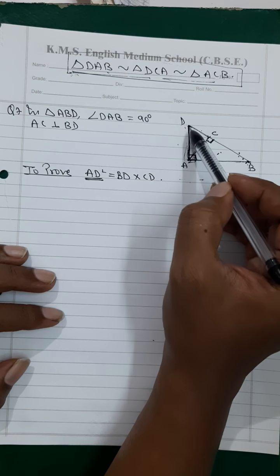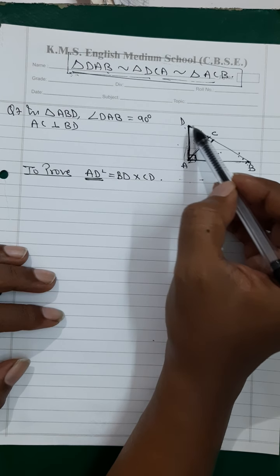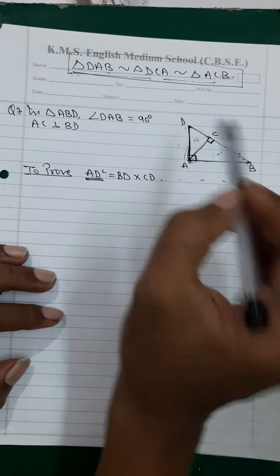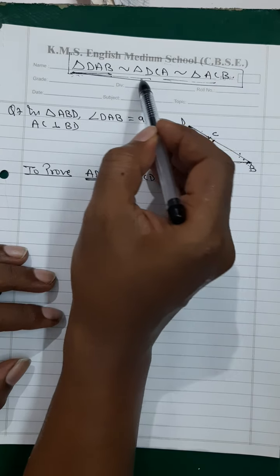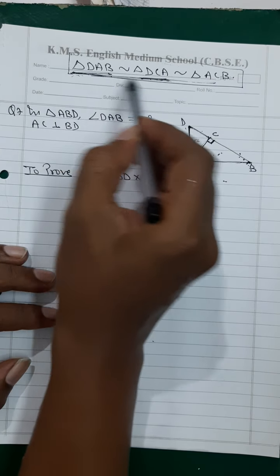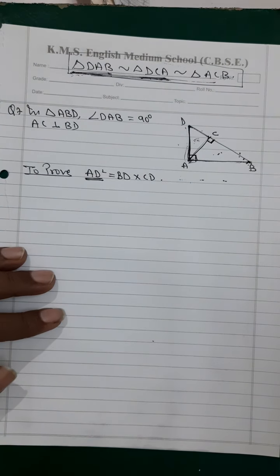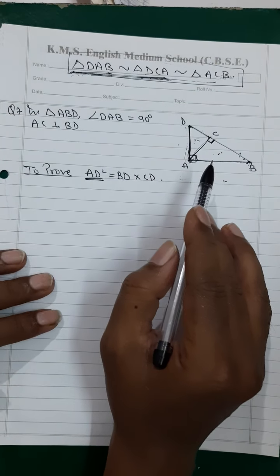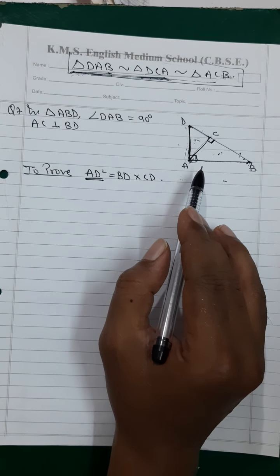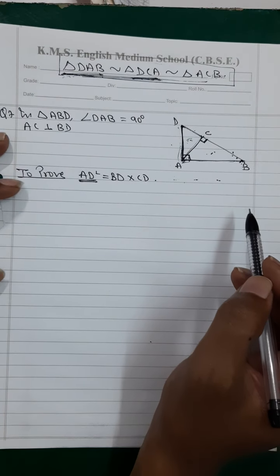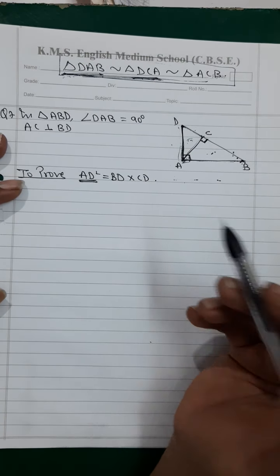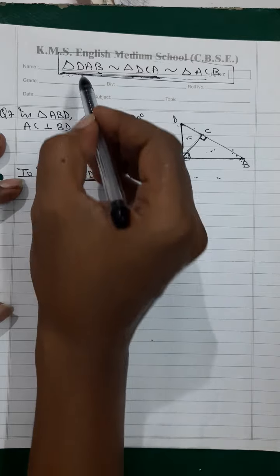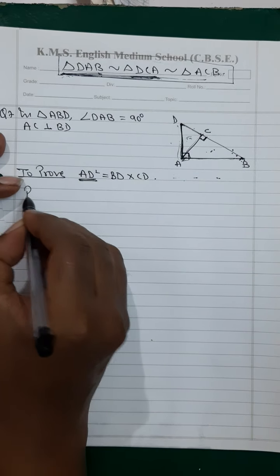So you will take triangle DAB and triangle DCA. If you prove these two similar, you will immediately get AD square from corresponding sides. Otherwise, if anything is remaining, we will see later. So you will have to consider these two triangles.